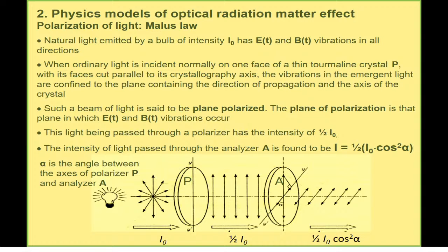This light, being passed through a polarizer, has half of the initial intensity. It is understandable: only part of the light is chosen by the polarizer. The intensity of light passed through the analyzer is found to be less, one more time, if the angle between the axis of polarizer and analyzer is not zero but of a particular magnitude.